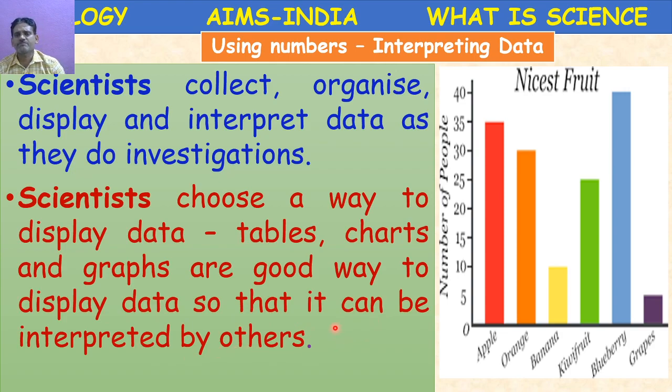Okay, the data must be very simple. For example, here one data is given: which is the nicest fruit. Here the number of people, the data is collected.